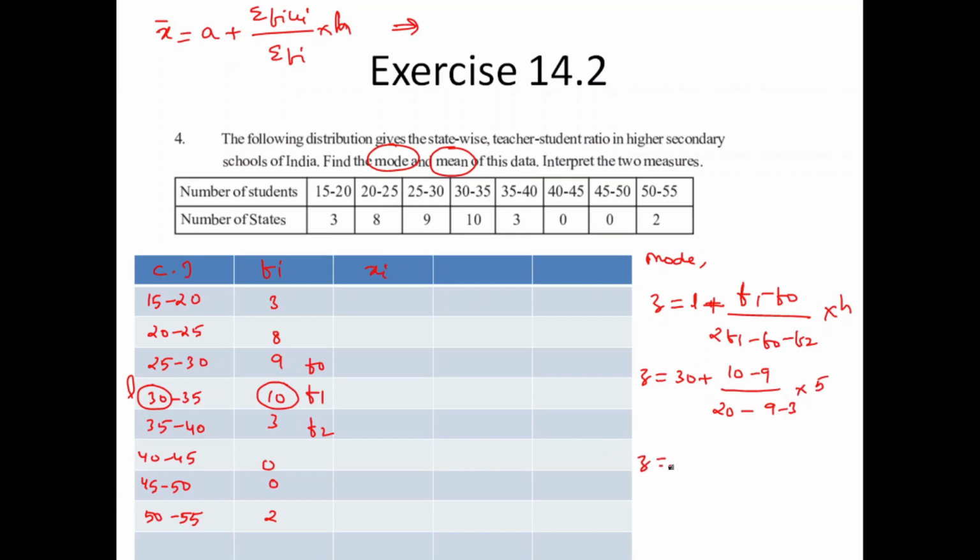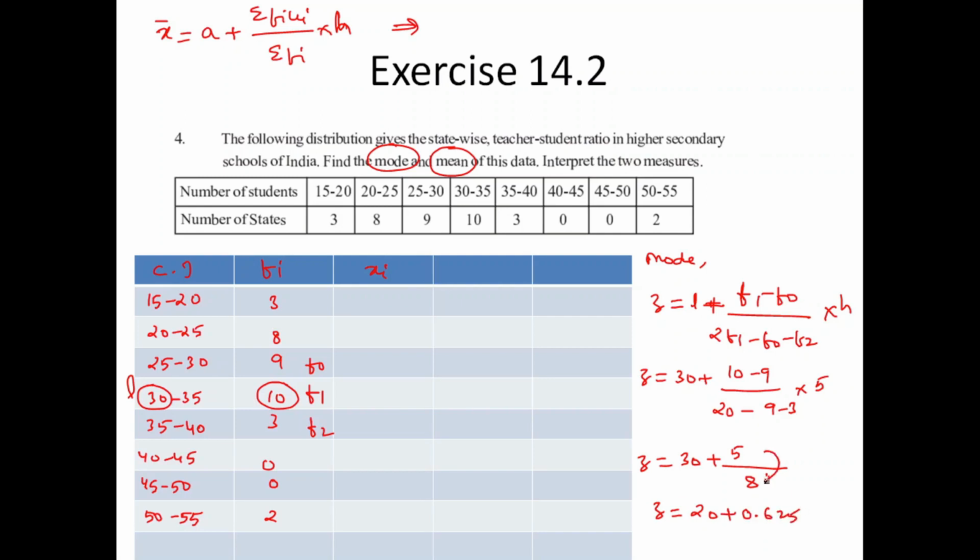Now solve this: z equals 30 plus this becomes 5 only, this becomes 20, 20 minus 11, okay, let me check this one. Yeah, here I'll get 8, right? So dividing these two here, I'll get 0.5.